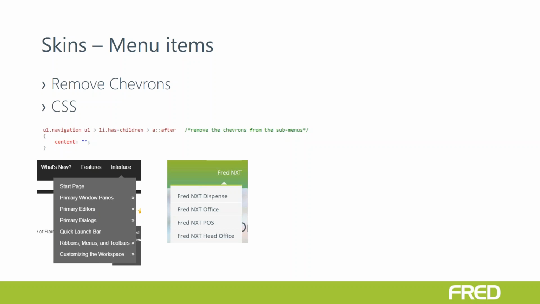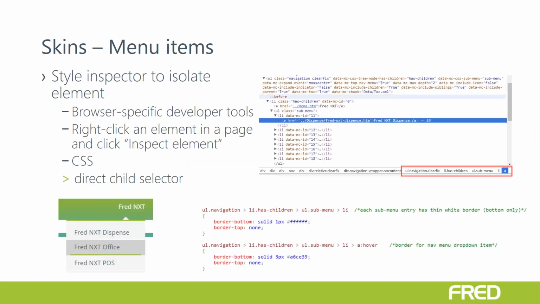The menus themselves have been modified quite a bit to achieve the look that I wanted, which was more in keeping with the rest of the branding. So it needs to be very green, basically.